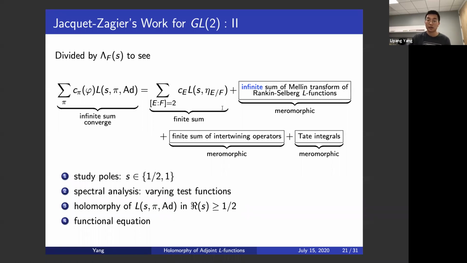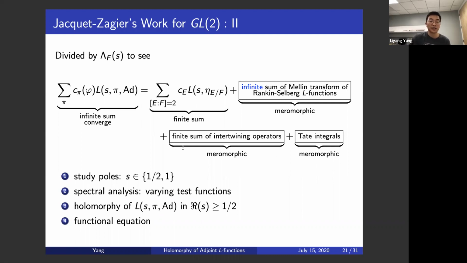On the right-hand side, you have four terms. This term comes from the elliptic orbital integrals, and these two come from the spectral side. This is from other kinds of orbital integrals like hyperbolic, unipotent, etc. Then look at all these terms carefully and find the possible poles. There are just two choices, a half and 1.